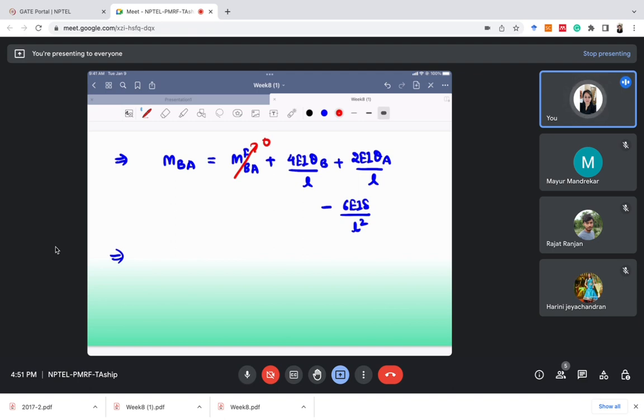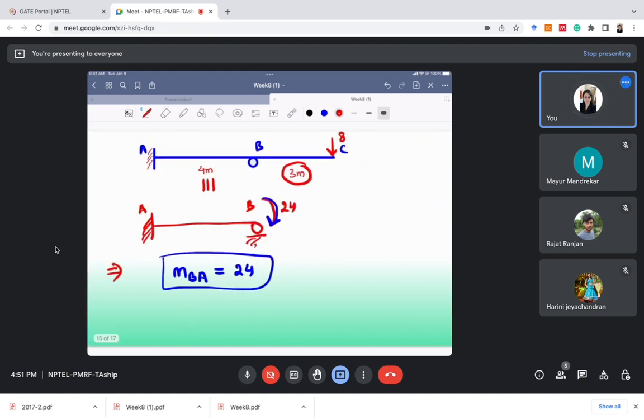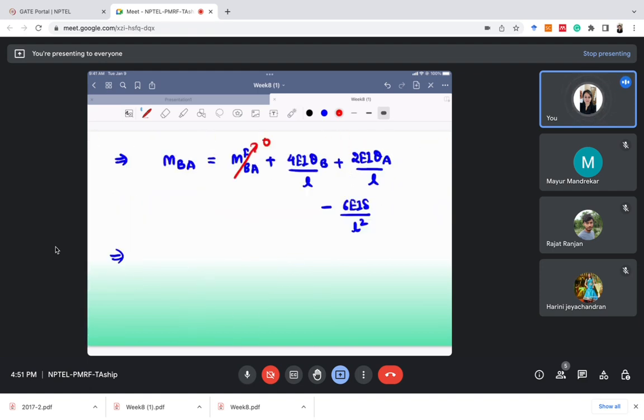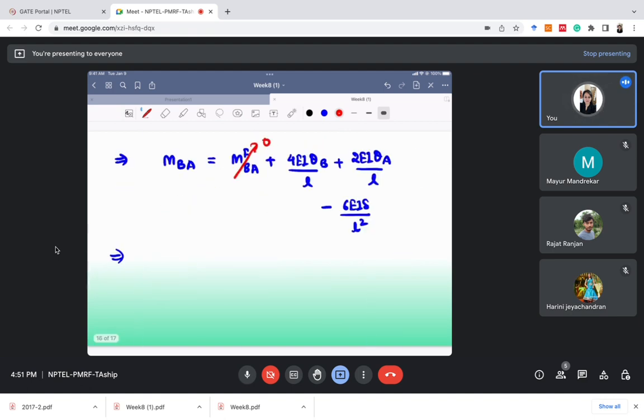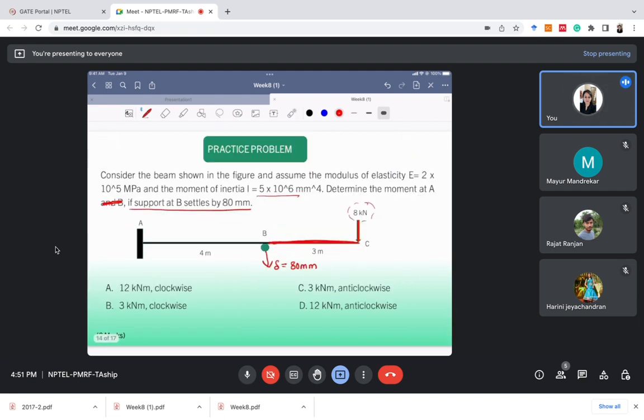Will theta B be there? Yes, theta B will be there because B is a hinge support, so there will be rotation here. Will theta A be there or not? No, because A is a fixed support, so theta A will be 0. Is there any settlement of support given? Yes, support B settles by 80 mm.